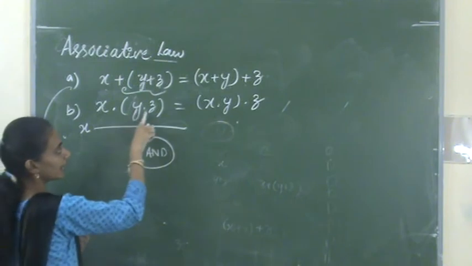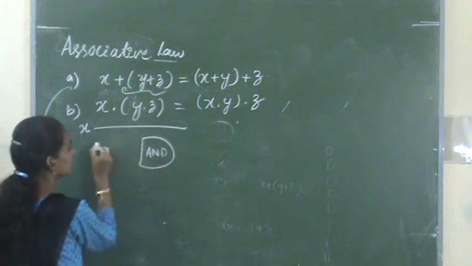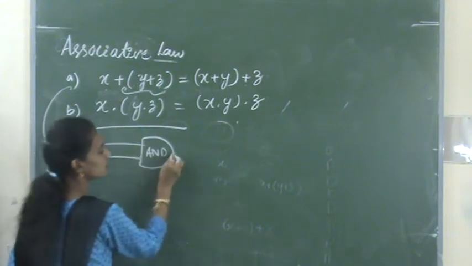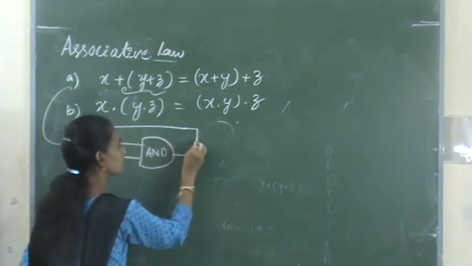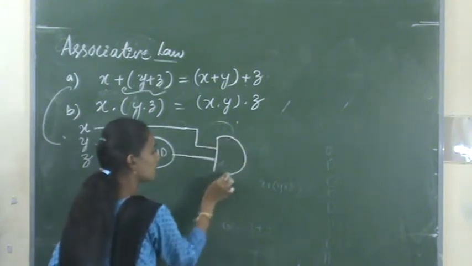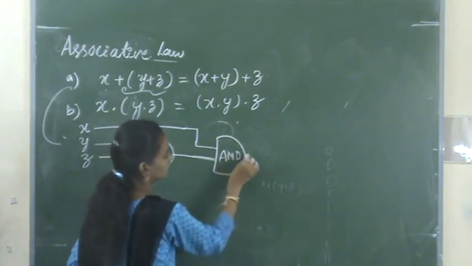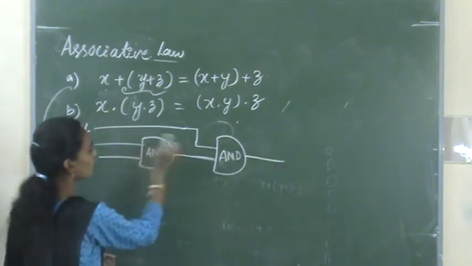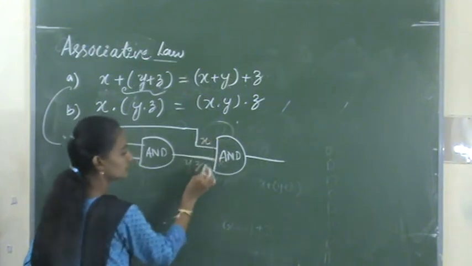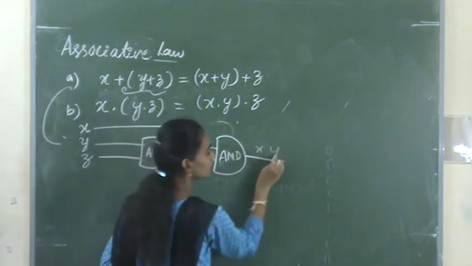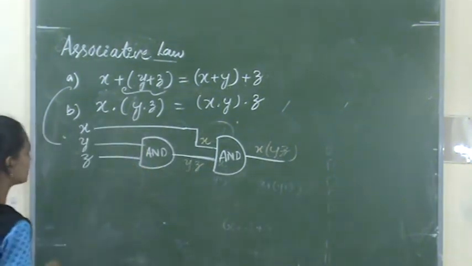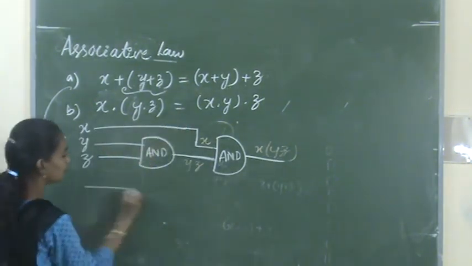And then we have to provide X into Y into Z. So Y and then Z. So this result will be, okay, here I am passing the value X, here Y into Z. So the result will be X into YZ.